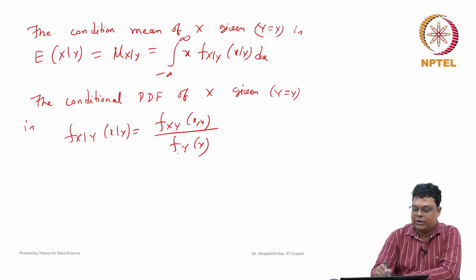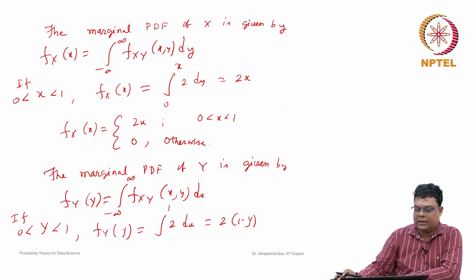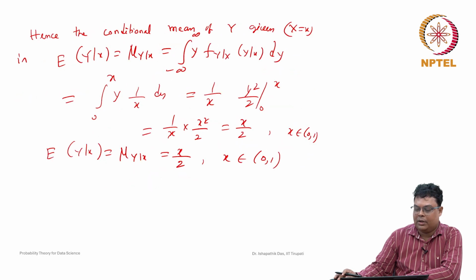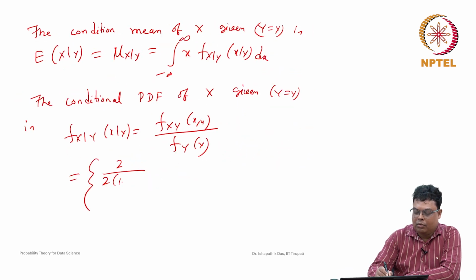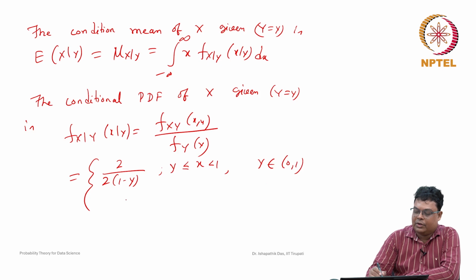Note that this is non-zero, so this is nothing but 2 by, what is f of y? f of y is 2 into 1 minus y whenever y is between 0 and 1. We have to write the limit properly: x is greater than or equal to y, less than 1, for particular values of y in 0 to 1, and 0 for any other case.